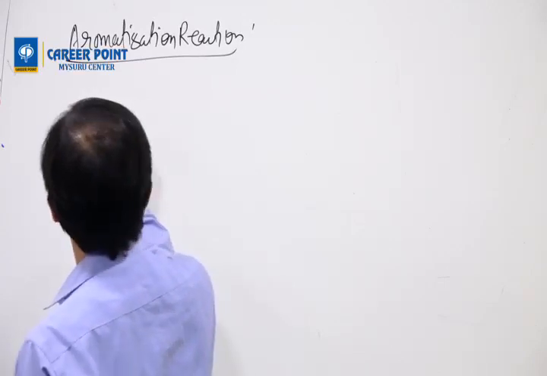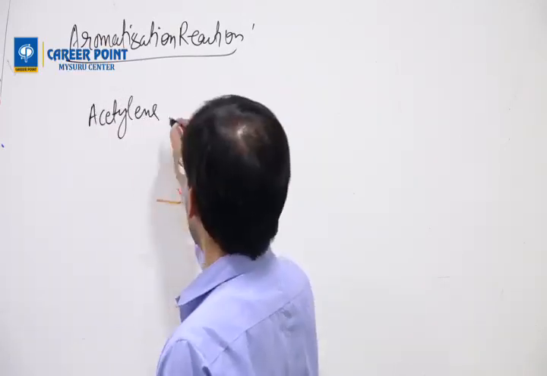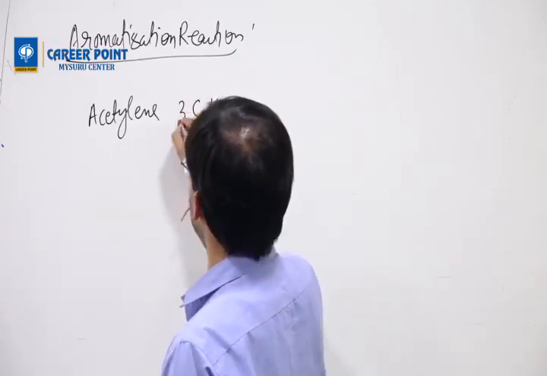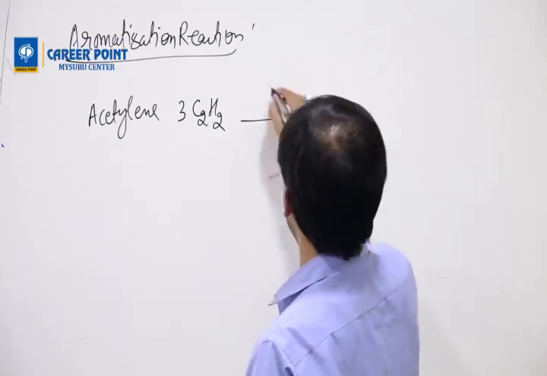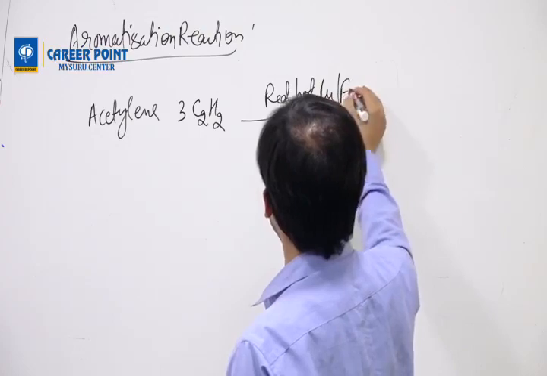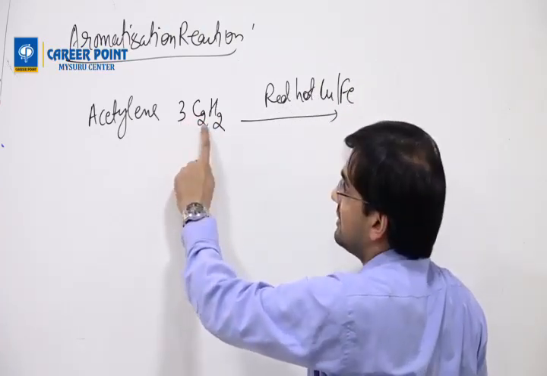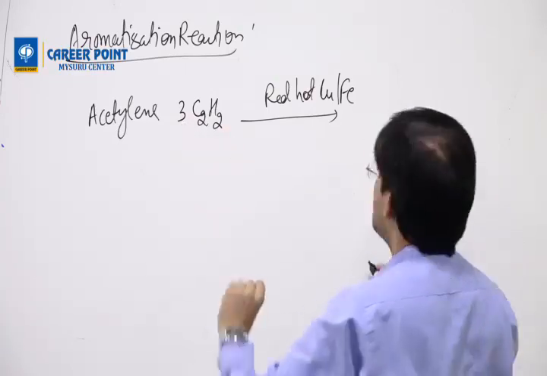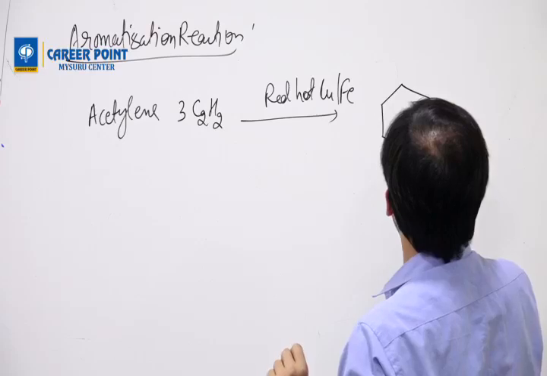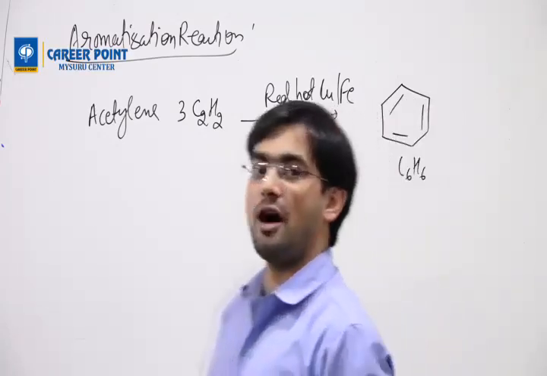If you take acetylene, C2H2, but you take 3 moles of it, in the presence of red hot copper or iron, it will convert. If you look at this, C6 and H6. So you will get C6H6, which is benzene. Like this I can form benzene.